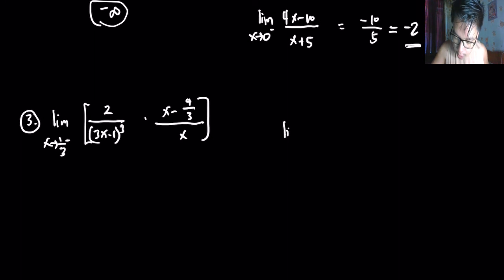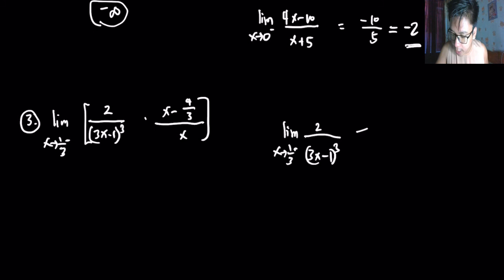The limit of 2 over (3x minus 1) cubed as x approaches 1/3 from the left: the numerator is a constant 2, and the denominator is at 0. But where does it approach? This is from the negative values, so that means this is negative infinity.